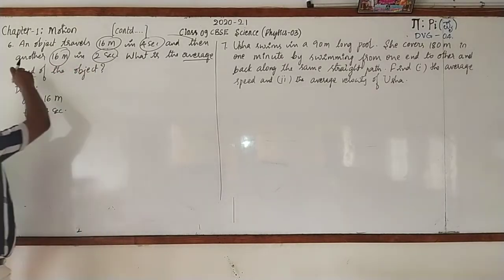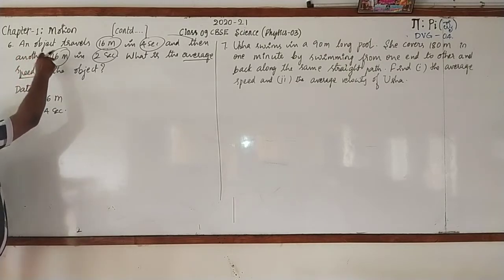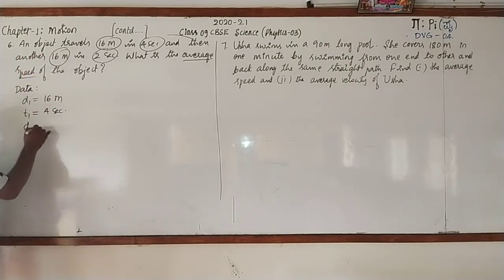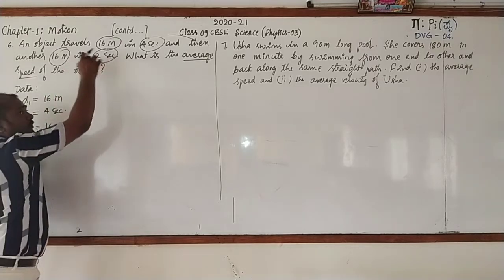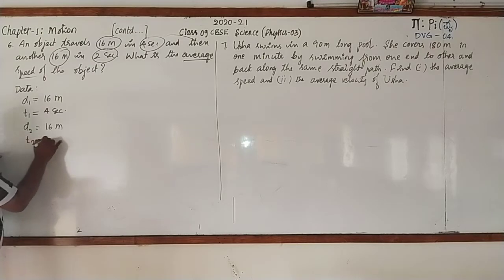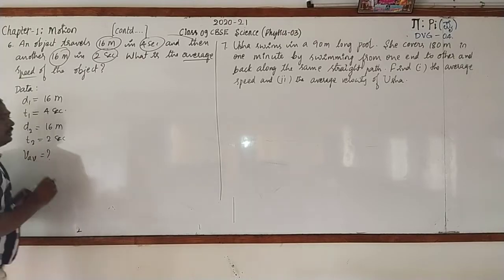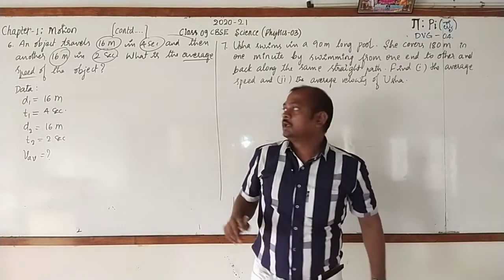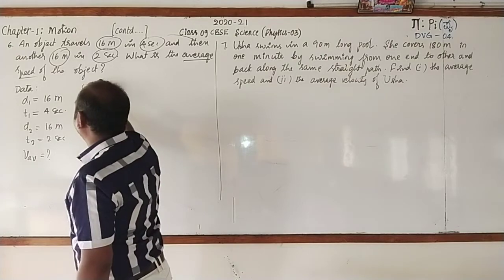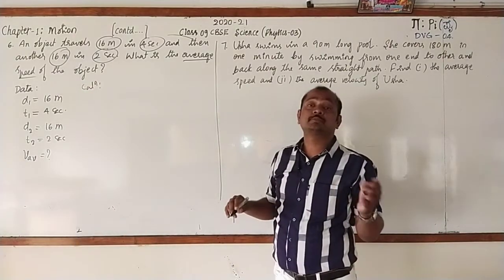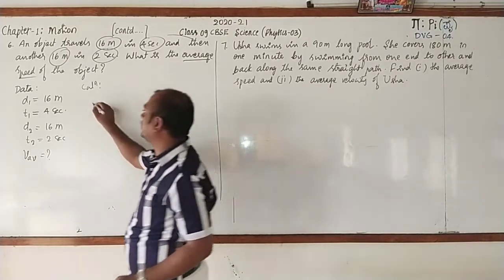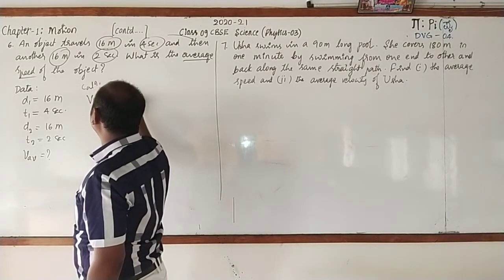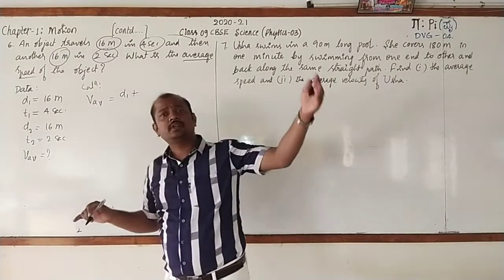Then come to the second case. In another case, it has covered the same distance. In spite of that, I take D2. D2 is 16 meter. And what about the time taken? 2 seconds. T2 equal to 2 seconds. You are going to find out average velocity V_av equal to question mark. Then calculation. As the body is traveling with different speeds, or non-uniform motion, we use the formula V_av is equal to, shall I write D1 plus D2 plus D3 and so on?